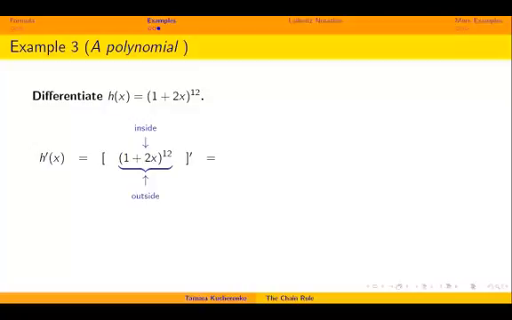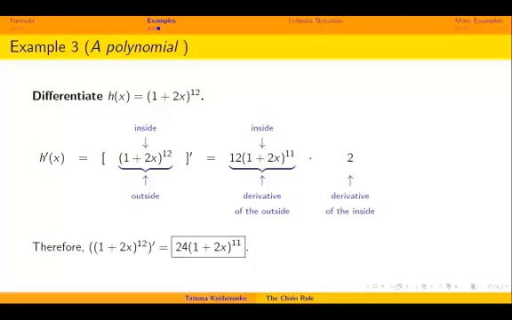The derivative of the outside function is 12 times the argument to the 11th. We keep the inside untouched, so we write 1 plus 2x. Now we need to multiply it by the derivative of the inside function. In this case, it is just 2. After simplifying, we obtain that the derivative of (1 plus 2x) to the 12th equals 24 times (1 plus 2x) to the 11th.